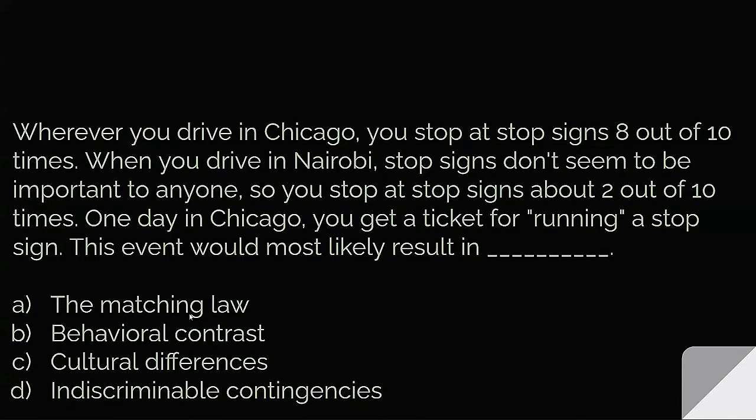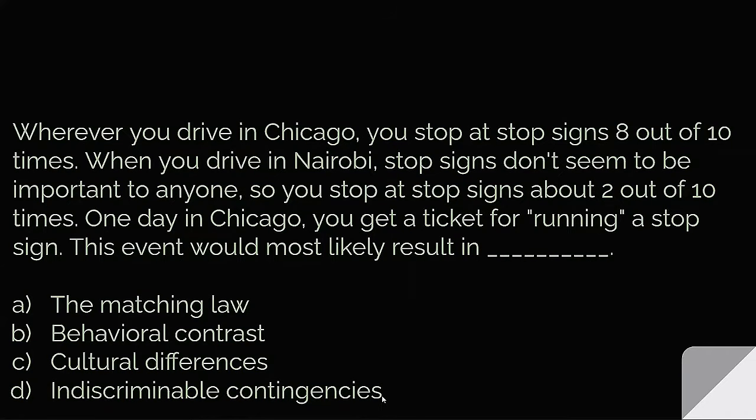We can talk about that with some other questions in the future, but I don't see that. So that's good enough to say it's not the matching law. It is behavior contrast, like we said. As for cultural differences, yes, there are some cultural differences.